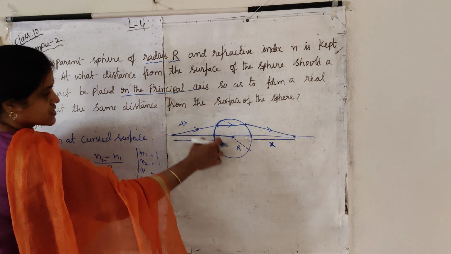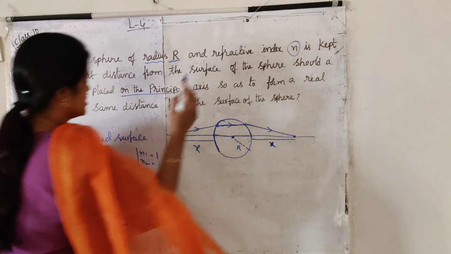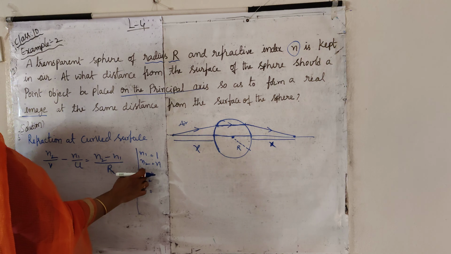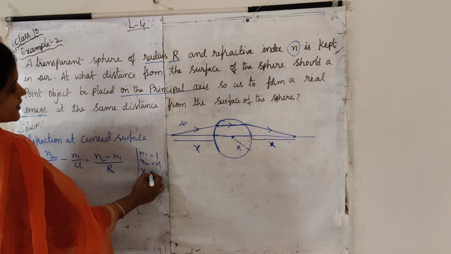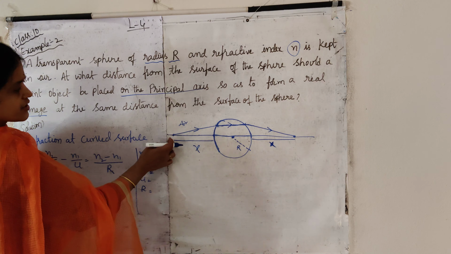Now refractive index of the sphere, its value is given as n. So this value you have to take as n. And next V. What is V? What is the object distance? X. So object distance x means the image distance also you should get at the same distance only.